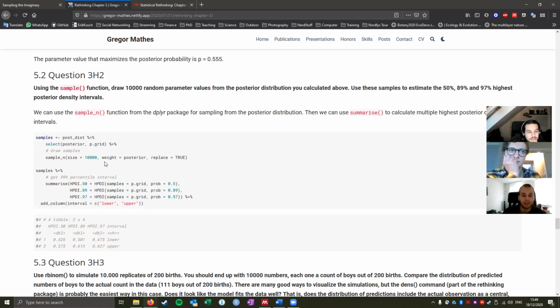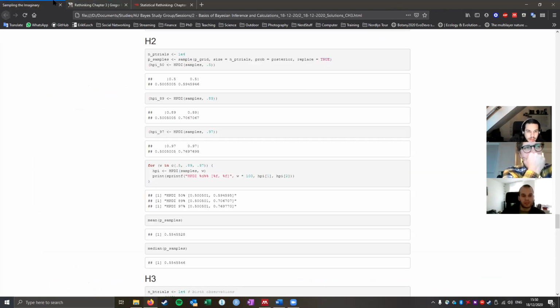The probability is the posterior, replace equals true, and then we calculate the HPDI at 50, 89, and 97%. As you can see, the lower threshold for all, so I get the 0.501 for the 89% HPDI, but I get different values for 50 and 97%.